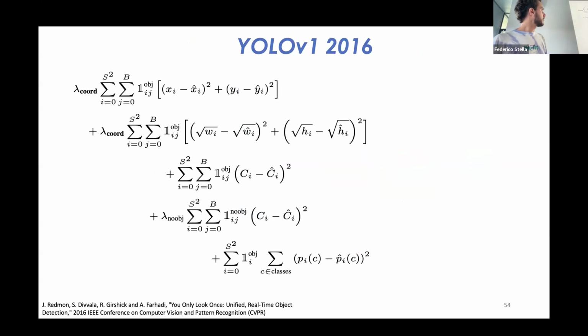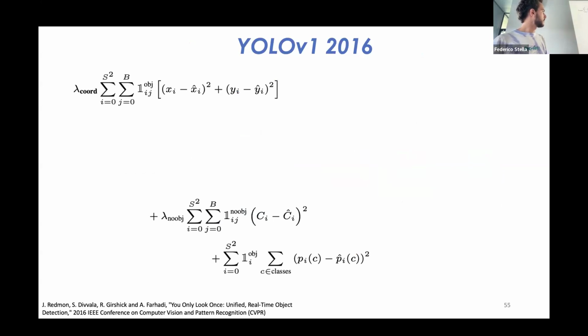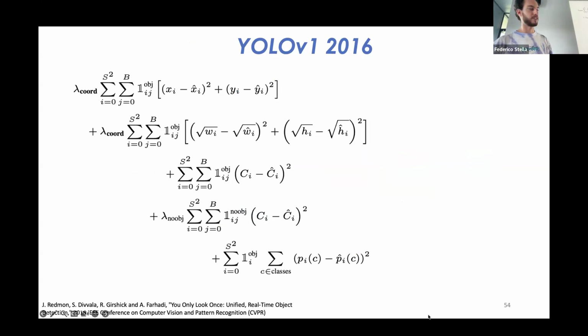Okay, so let's see what the loss does. Let's go term by term. So let's take a look at the first one. We have some lambda, which is just a hyperparameter. We have a summation over S squared, so this is for all the grid cells. And this is j from 0 to B. B is 2, so for all the bounding boxes.